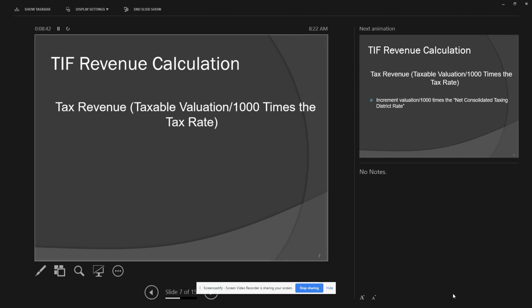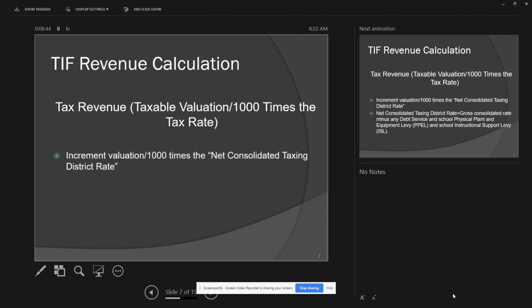I mean, we know that's how tax revenue in general is calculated, right? Well, for TIF revenue, we're going to use that incremental valuation divided by 1,000 times the net consolidated tax rate, because the law provided for some protections of certain tax rates from being included in TIF revenue, because we know TIF revenue is a diversion of revenue from the original levy authority to whoever's doing the TIF.